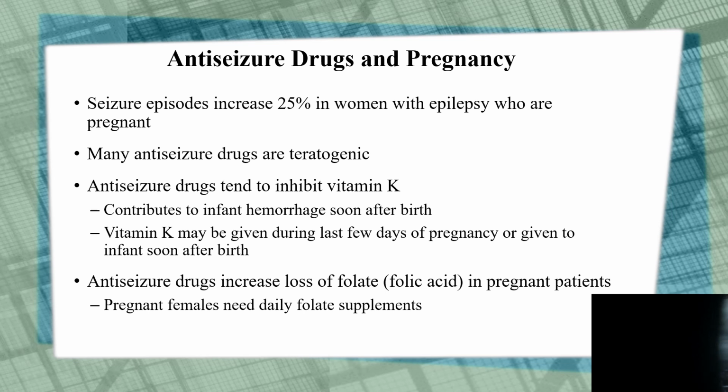Initial signs and symptoms are nystagmus, which is a constant involuntary movement of the eyeball, ataxia, and impaired coordination. A later sign of overdose is hypotension, unresponsive pupils, and coma.